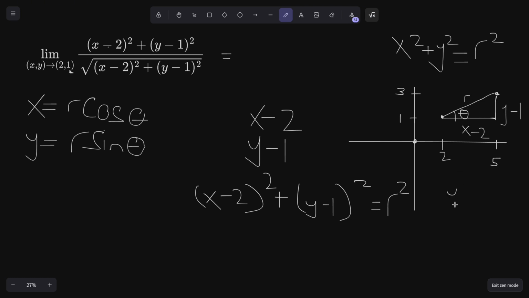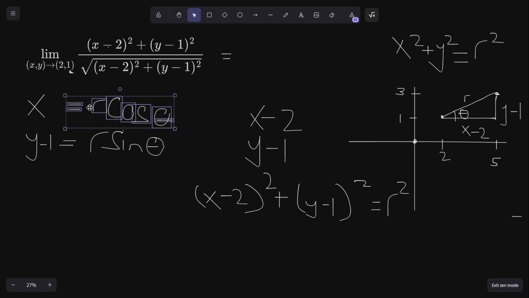So sine of theta is y minus 1 over r, which means y minus 1 is equal to r sine of theta. And you might see the pattern. That means x minus 2 is r cosine of theta.